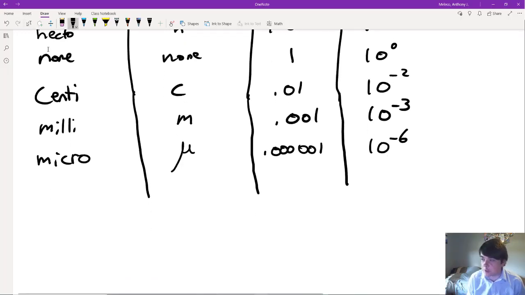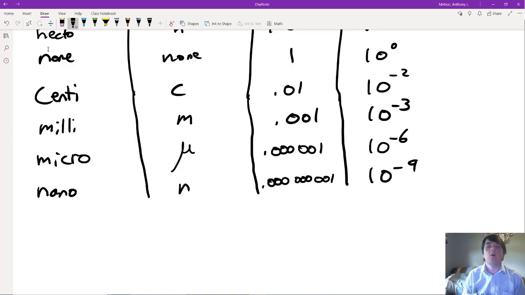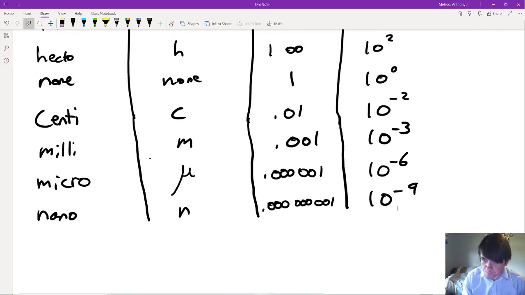So a micrometer. And the final one on our list would be nano, and this would be, you can kind of guess, 10 to the minus 9, so a nanometer, okay?